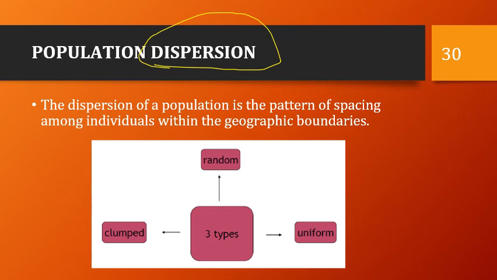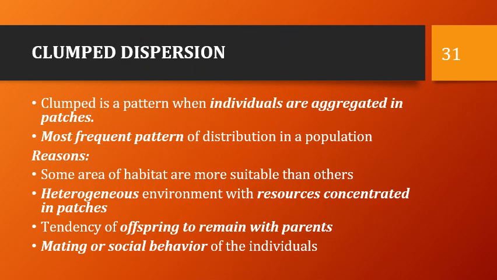So it describes the pattern of the distribution. Take note of that. It is the distribution of the individuals, and it helps ecologists understand how organisms are distributed in a particular habitat. So we have here clumped, random, and uniform. Let's talk about clumped, random, and uniform.